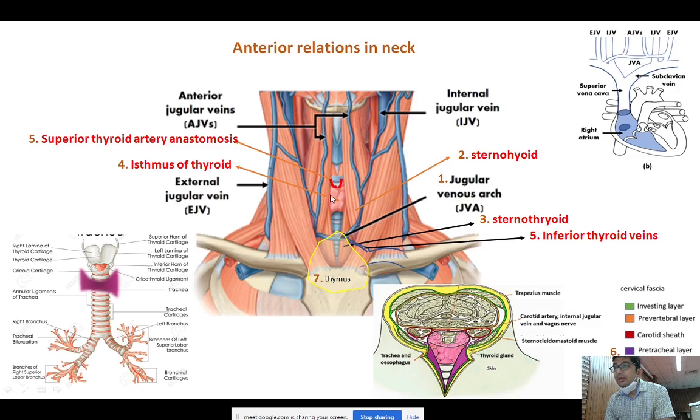Along with the isthmus, above, there is the superior thyroid artery, with an anastomosis on either side. So: jugular venous arch, sternohyoid, sternothyroid, isthmus of thyroid, and the anastomosis of the superior thyroid artery above.